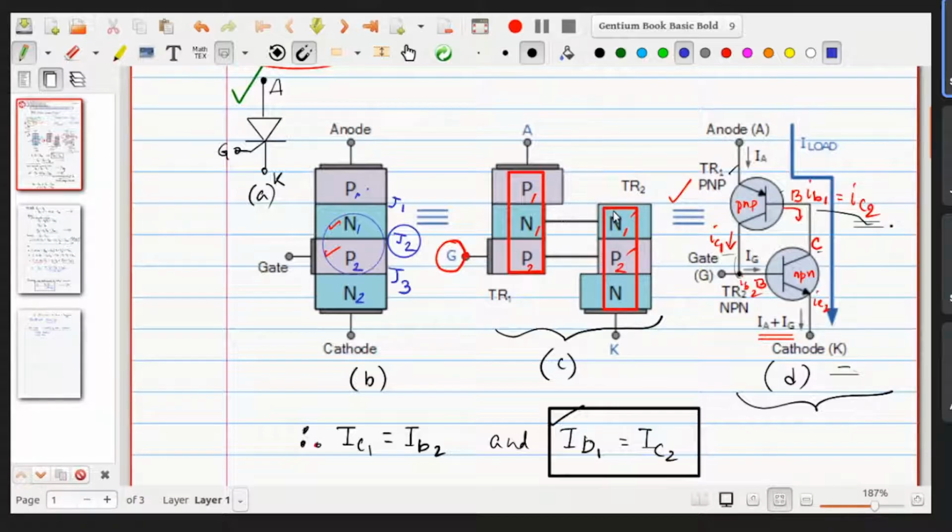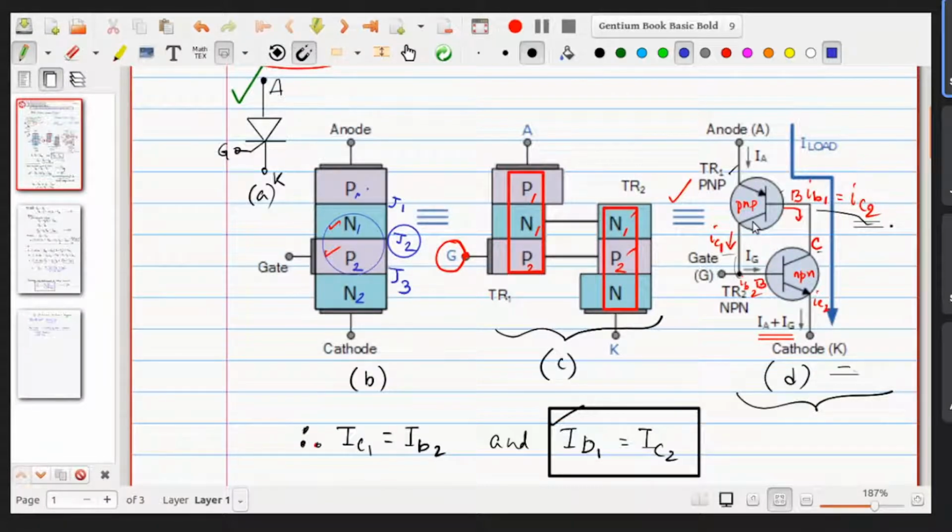We can also realize this breakover condition if we can increase alpha 1 and alpha 2 separately. How? See in this figure, if a particular current, say IA, is injected into the base, how are we doing that?